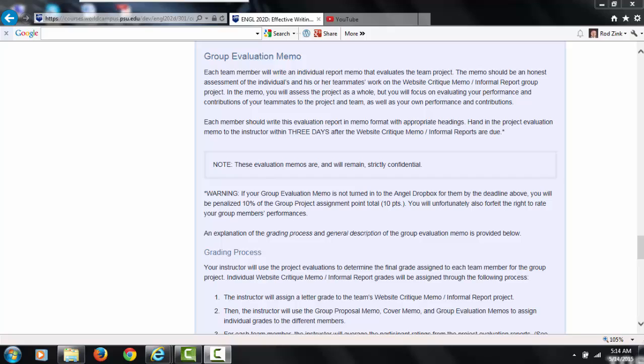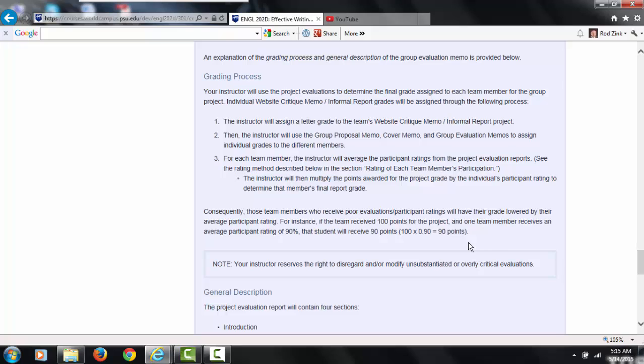A good way to begin explaining how your individual grade is calculated for the group project and how the group evaluation memos fit into the calculation is as follows. Basically, each group project is given a base grade that is only known by the instructor.